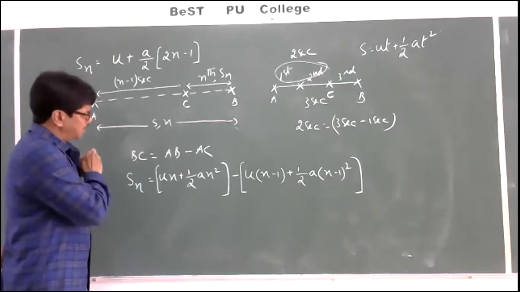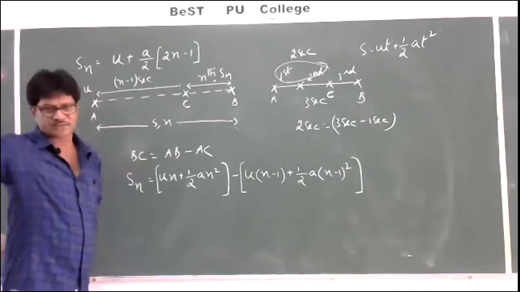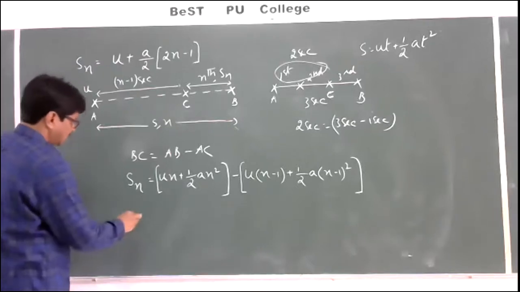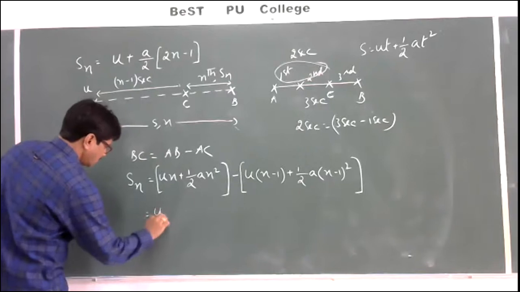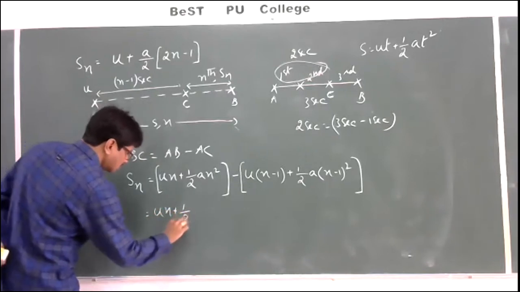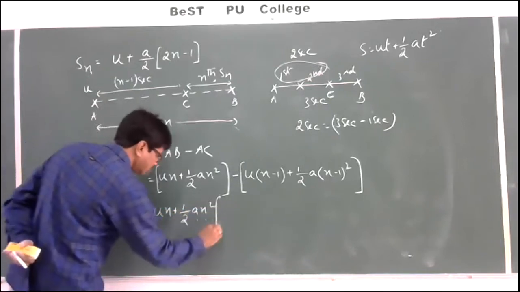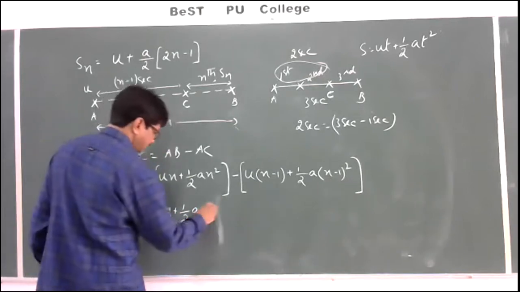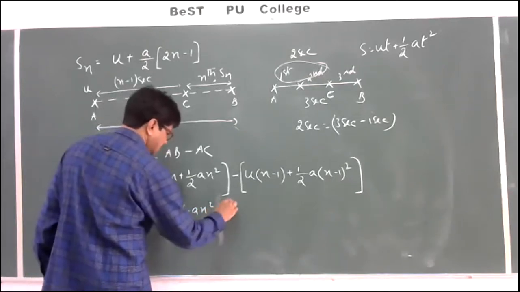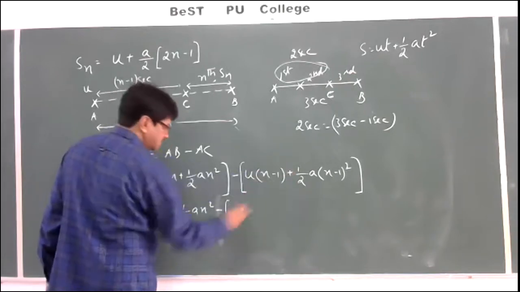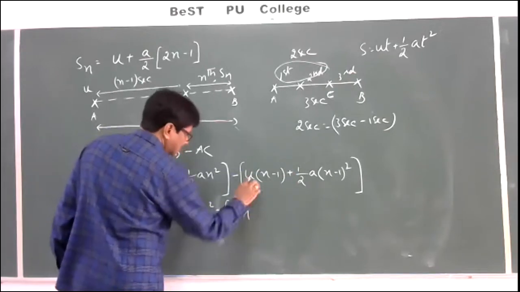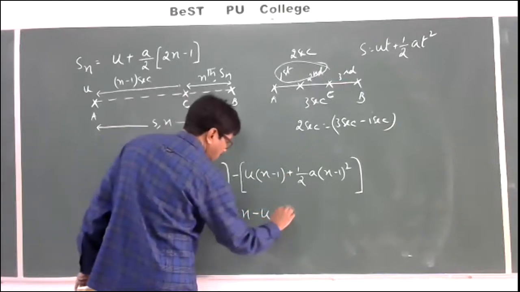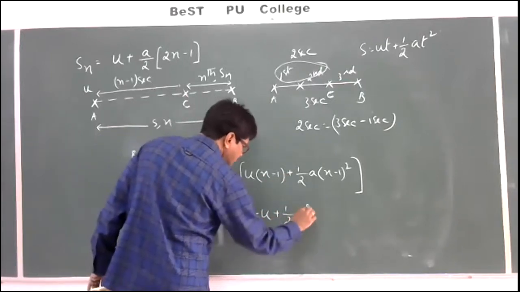The remaining is all simple mathematical simplifications. Now if you further simplify, un plus half an square, minus, you just expand this: un minus u plus half a.